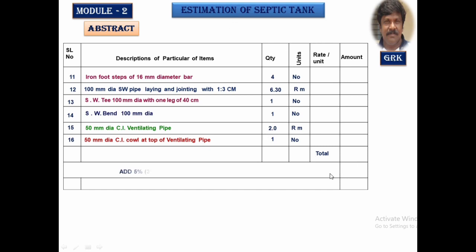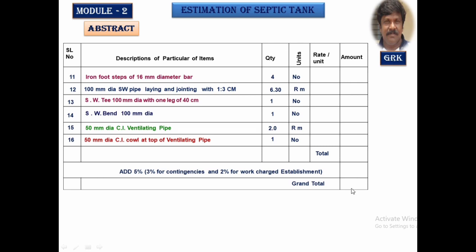To this one you add another 5% extra, where around 3 to 5% you can take for the contingency and 2% for the work charge establishment. You add this amount of 5% to the total, and finally get the grand total by adding this total plus this additional amount.